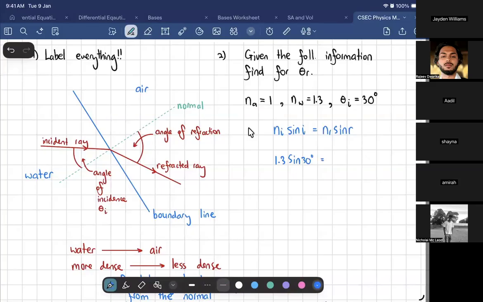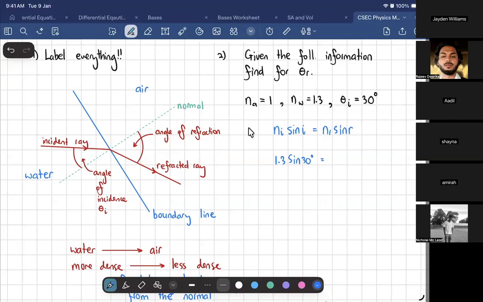Next part now. Nr. You tell me what to put for that. So you put in 1.3. No, wait. Whatever you tell me, you've got to explain to me.